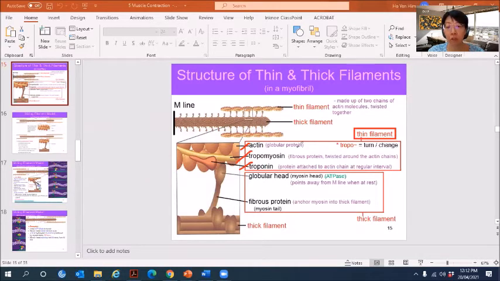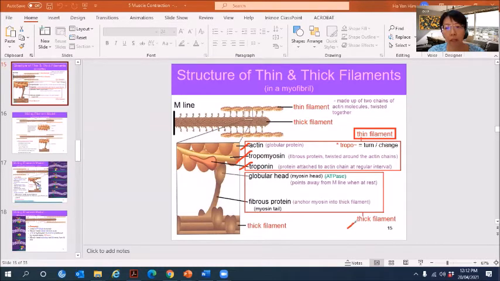So it becomes filamentous. Then you've got tropomyosin, which is a fibrous protein, and troponin. So at rest, troponin and tropomyosin are blocking the binding site of the myosin head on the actin chain. So your globular myosin head cannot bind.